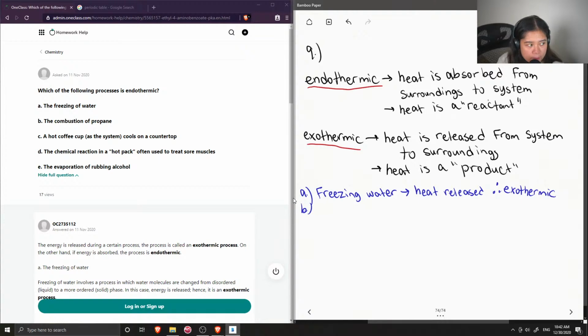B, the combustion of propane. Okay, so when we have a combustion reaction, this releases energy and heat. So this is also an exothermic reaction.